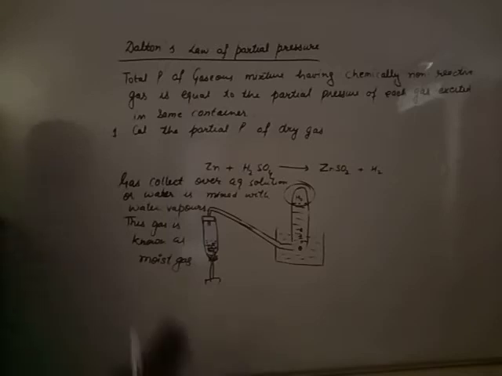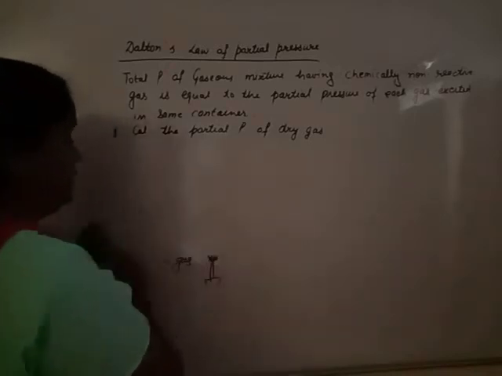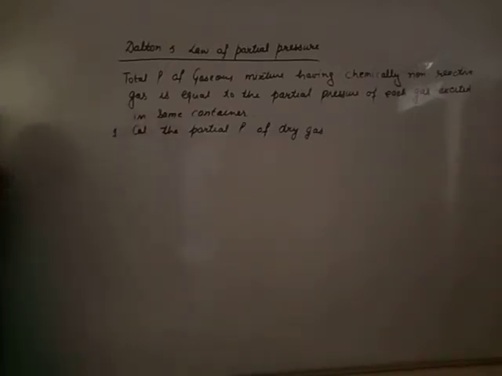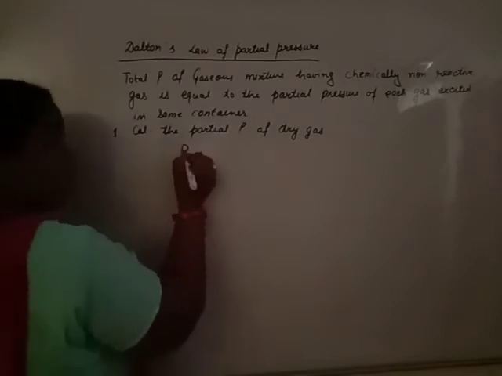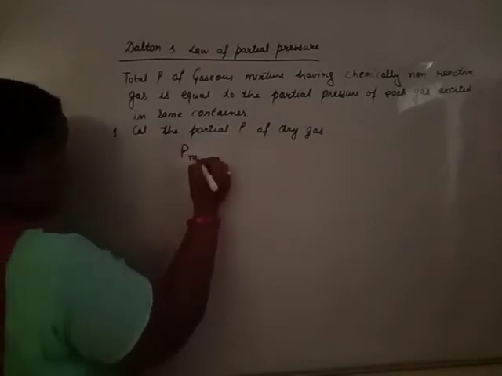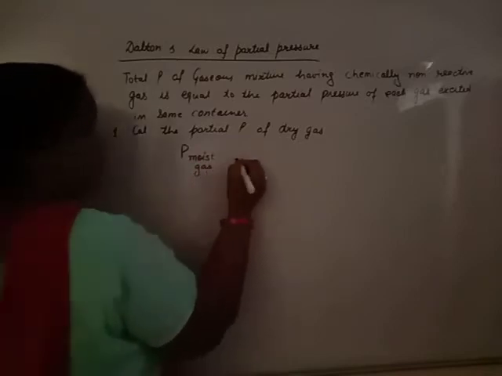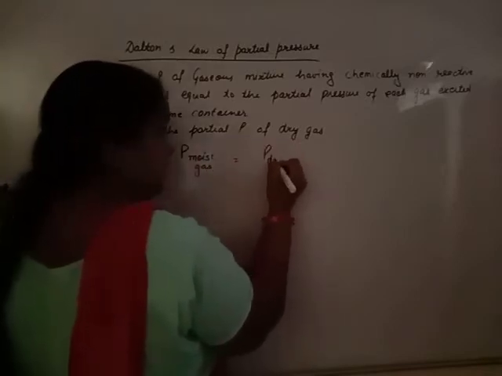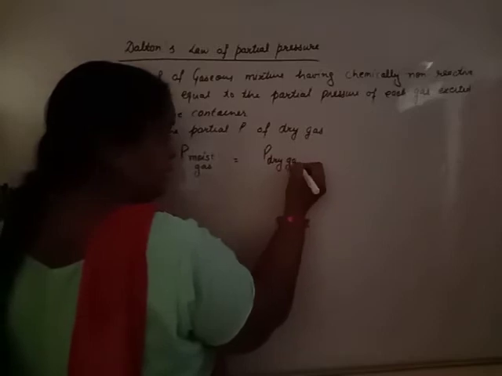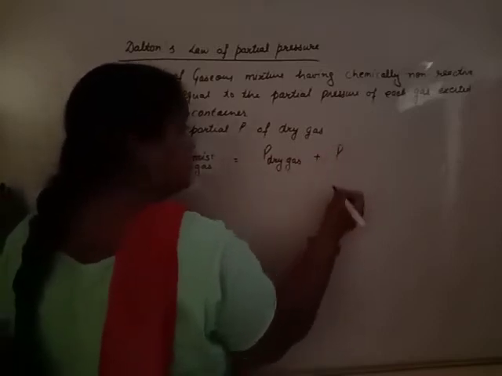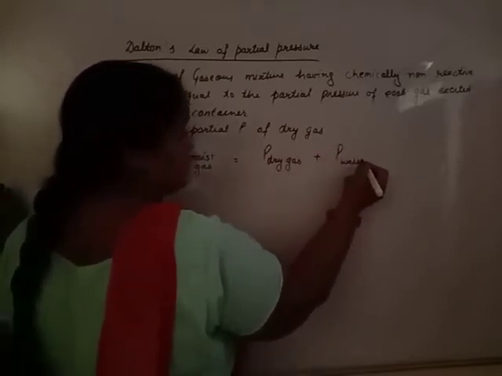Then what will be done? We have the pressure of moist gas. This moist gas consists of the partial pressure of dry gas plus the partial pressure of water vapors.